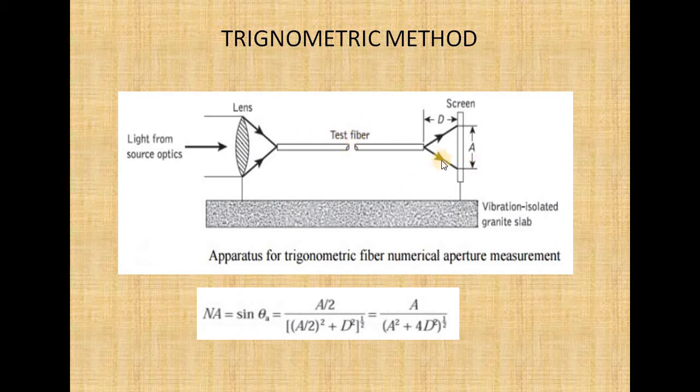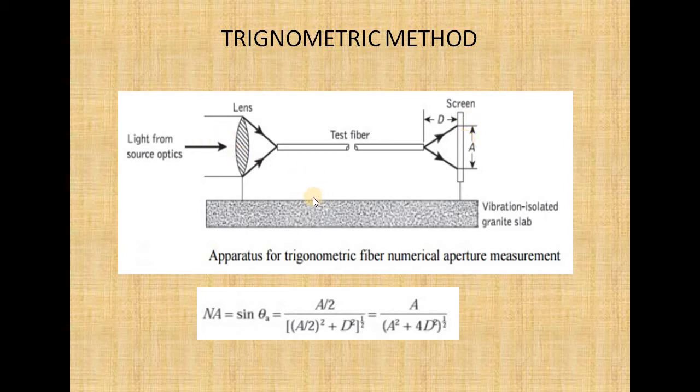The screen is positioned at a known distance d from the fiber output end face, because the far field pattern should be obtained on the screen. So that the optical intensity on the screen is maximized, and it is measured by means of a vernier caliper.